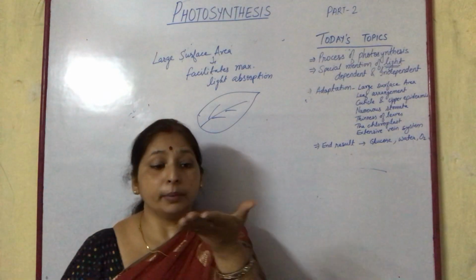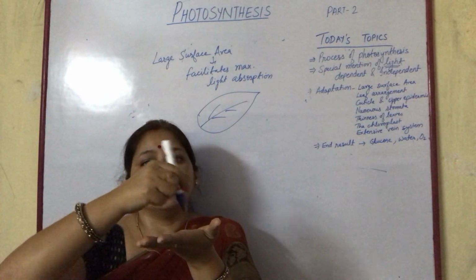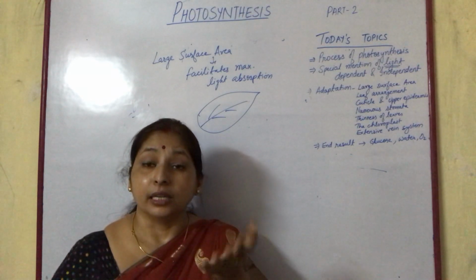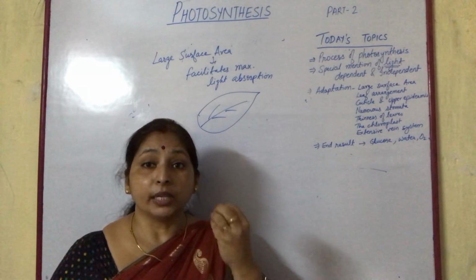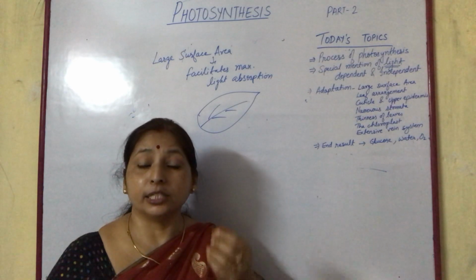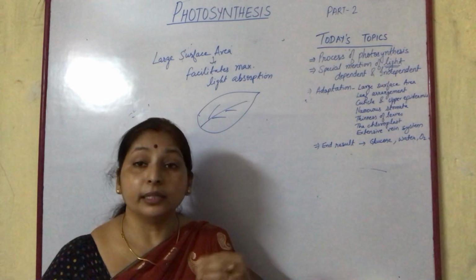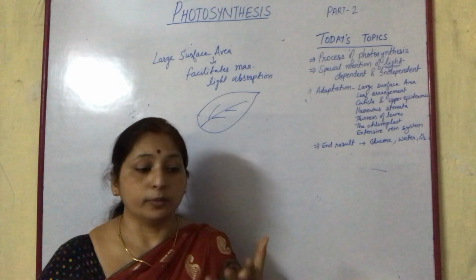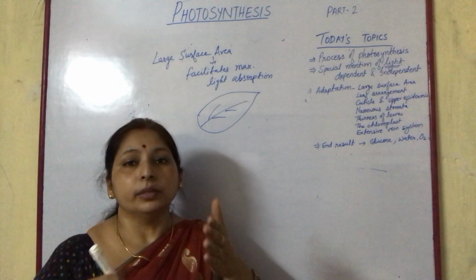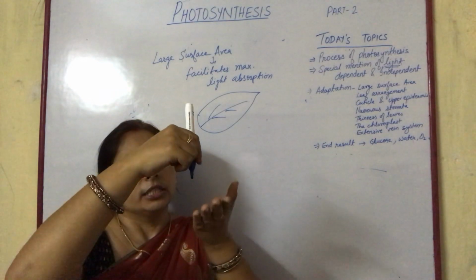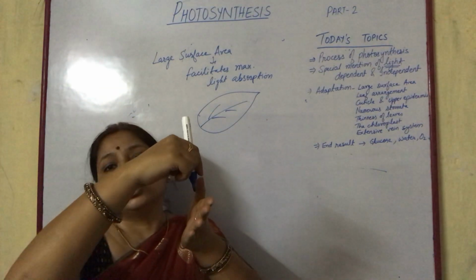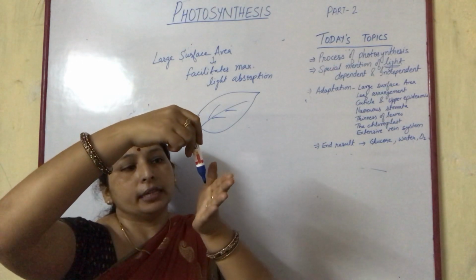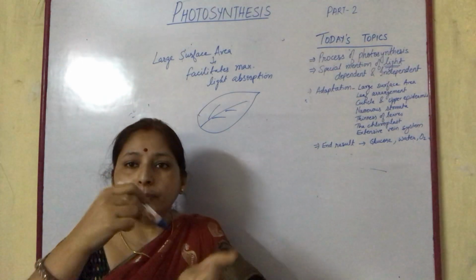If the leaves are perpendicular to the light falling on them, then they get the maximum light intensity. But if the plants need minimum or optimum light, then the position of the leaf is diagonal to the light falling on it, at 45 degrees or 60 degrees, not perpendicular.